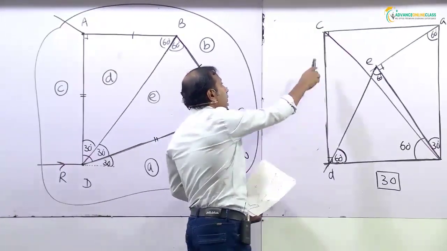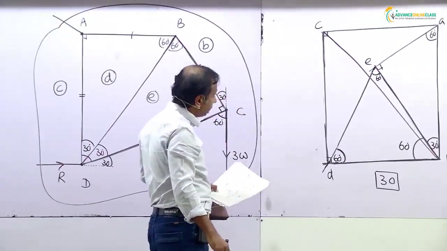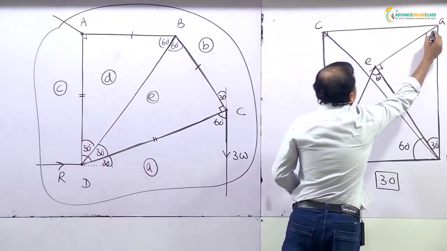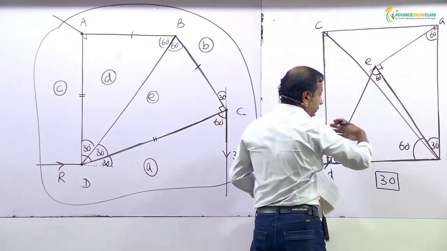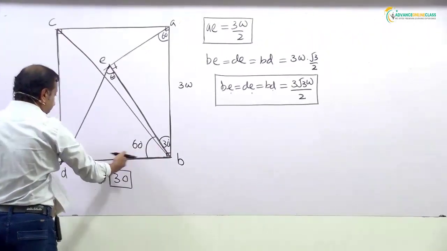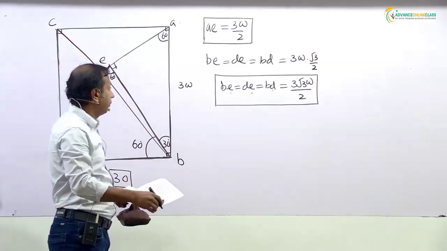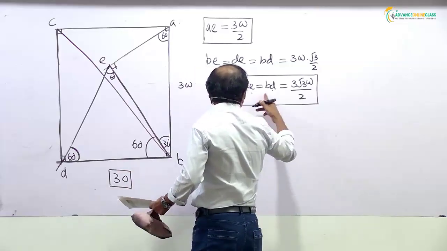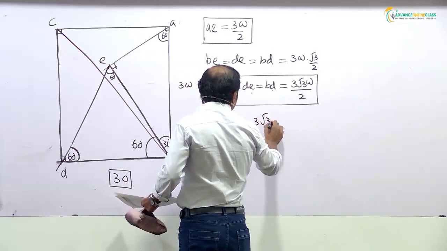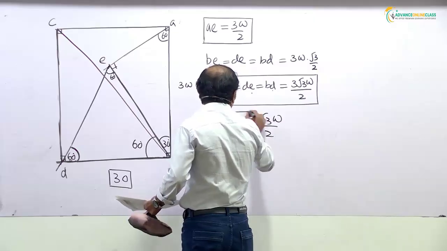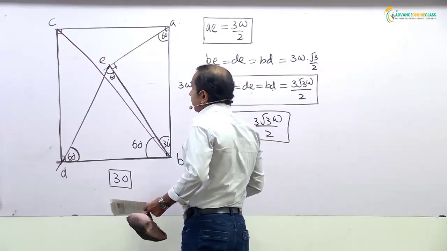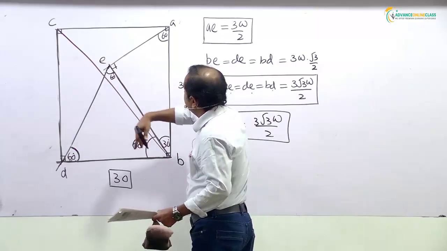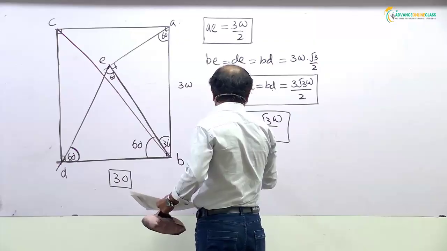This is C, yeah, not D. You know, this is a rectangle. BD and AC are equal. AC is equal to BD, which is 3 root 3 W by 2. Right. DC or CD equals 3W.